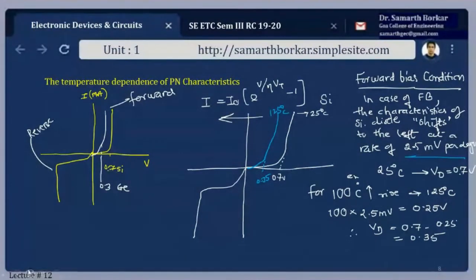Similarly, for a 100 degrees Celsius drop in temperature, it is 25 minus 100 degrees Celsius, which will be minus 75 degrees Celsius. So in this case, the new value will be 0.7 plus 0.25, it is 0.95.